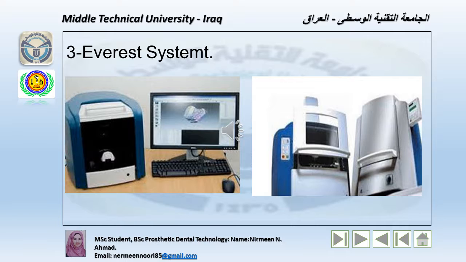This slide shows the third type of the CAD-CAM system, the Everest system. The Everest system was marketed in 2002. It consists of the scan engine and the milling component. The machining unit has 5-axis movement that is capable of producing detailed morphology.